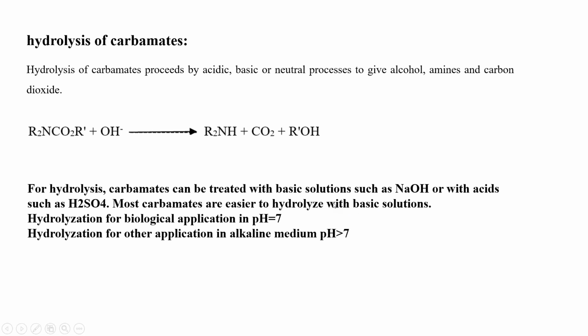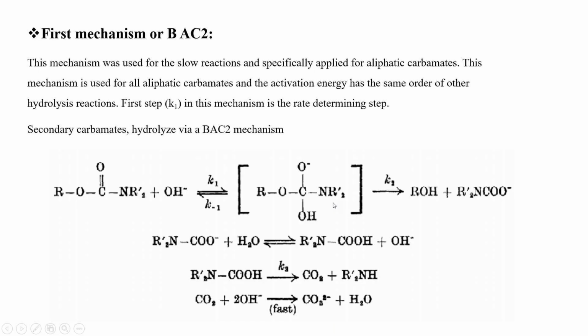And this kind of hydrolyzing reaction of carbamates proceeds by two pathways or two mechanisms. The first mechanism is BAC2. This mechanism was proposed for secondary carbamates, or we can say for the aliphatic carbamates.